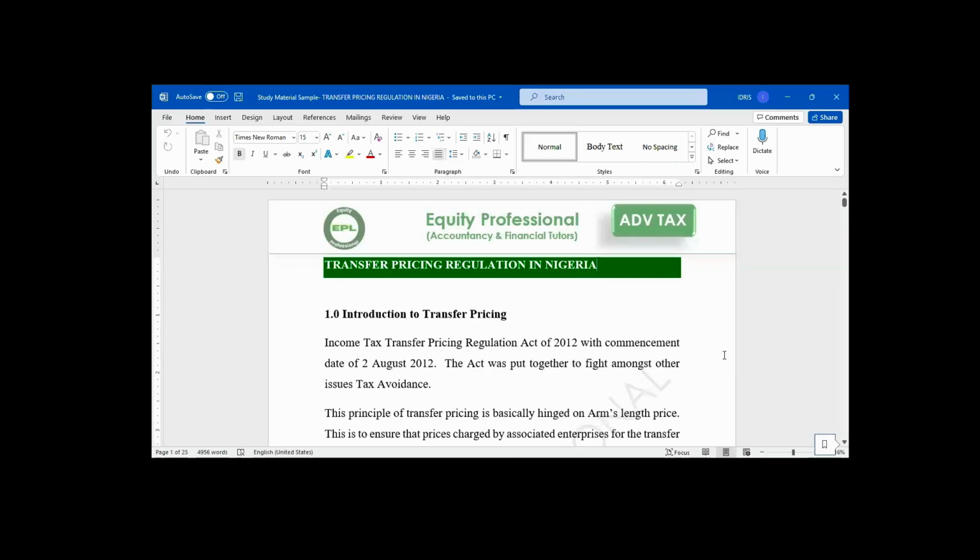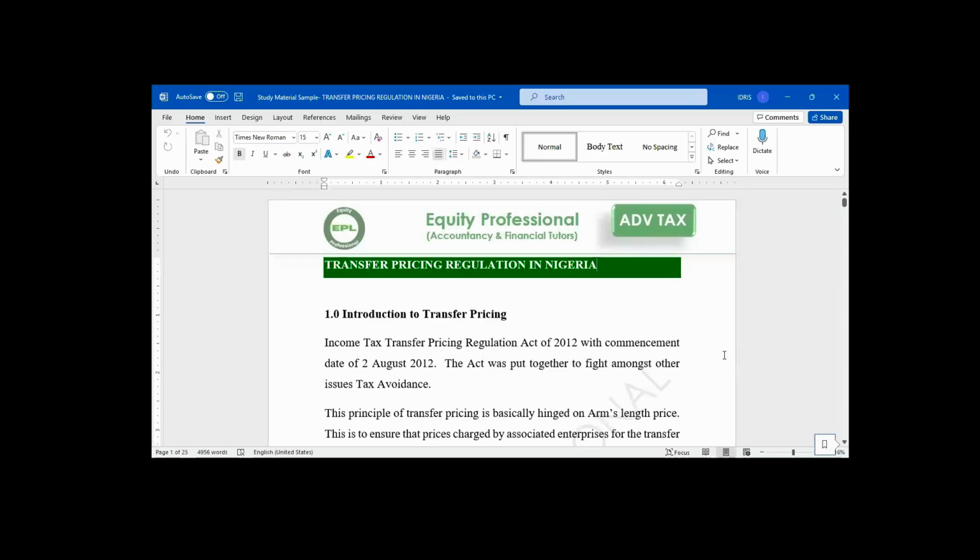This transfer pricing regulation has as its objective to fight against tax avoidance. We can call it aggressive tax avoidance engaged in by multinational companies. We know that one of the methods by which a company engages in base erosion and profit shifting is through transfer pricing.